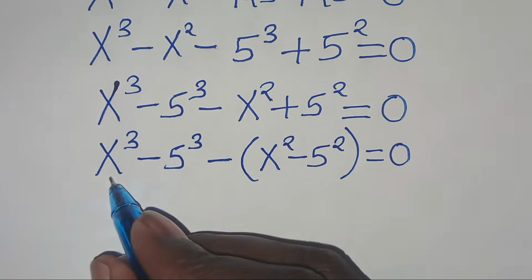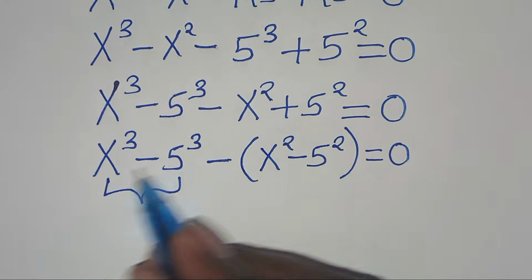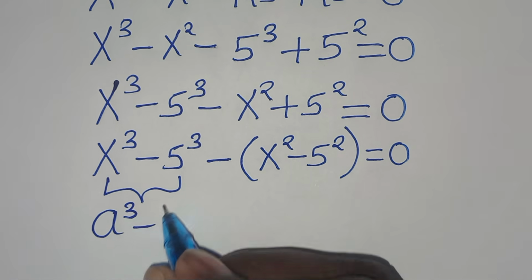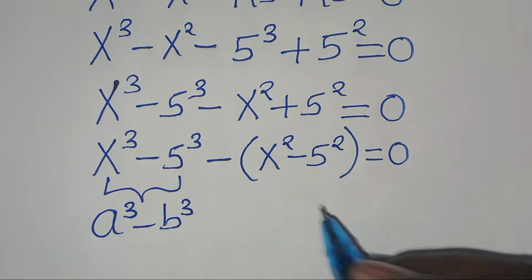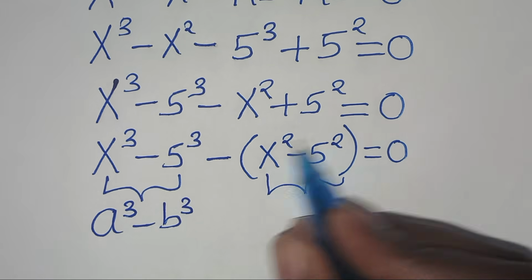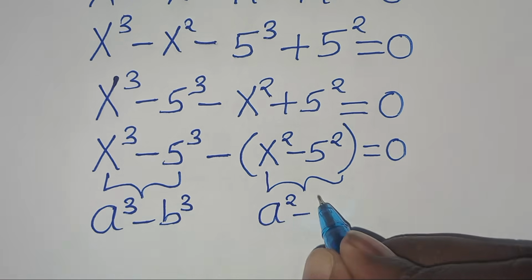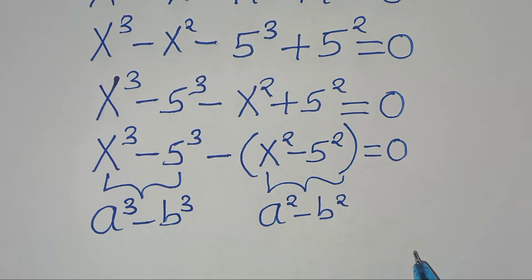Now we have got two parts here. The first part is the difference of two cubes, expressed as a to the power of 3 minus b to the power of 3. And the second part is the difference of two perfect squares, expressed as a to the power of 2 minus b to the power of 2.